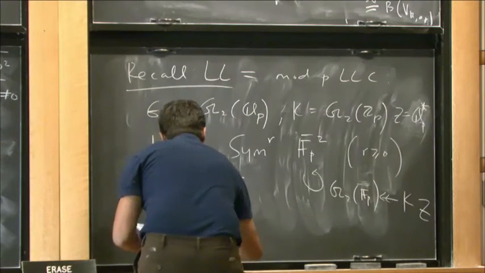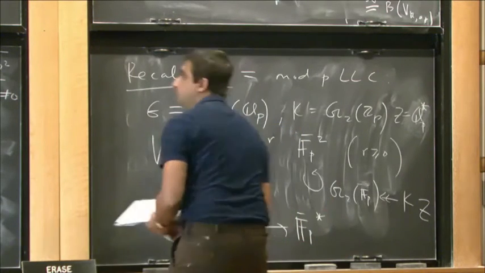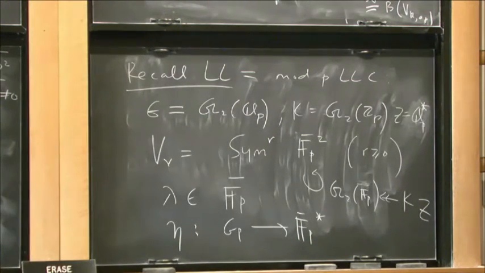Let's fix a character eta, a smooth mod p character.